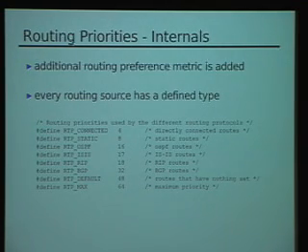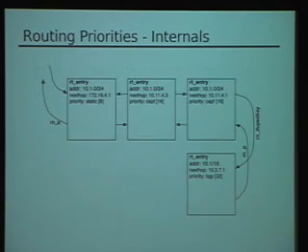And by doing this, we suddenly solve this whole problem of having multiple routing daemons in userland, and the kernel will just always do the right thing. So we're doing more or less the same as beforehand.